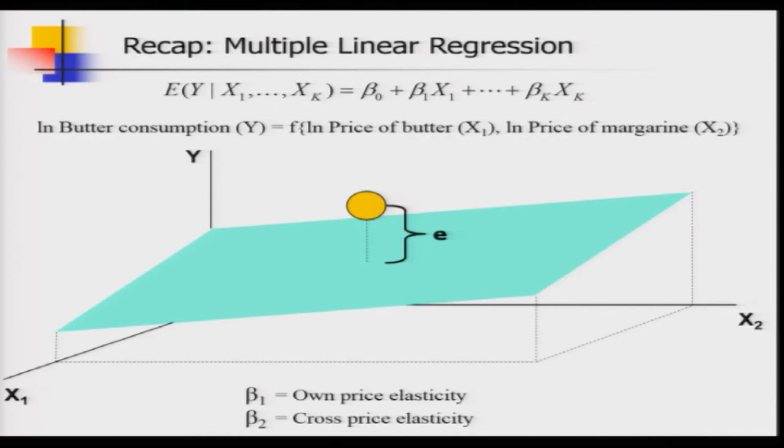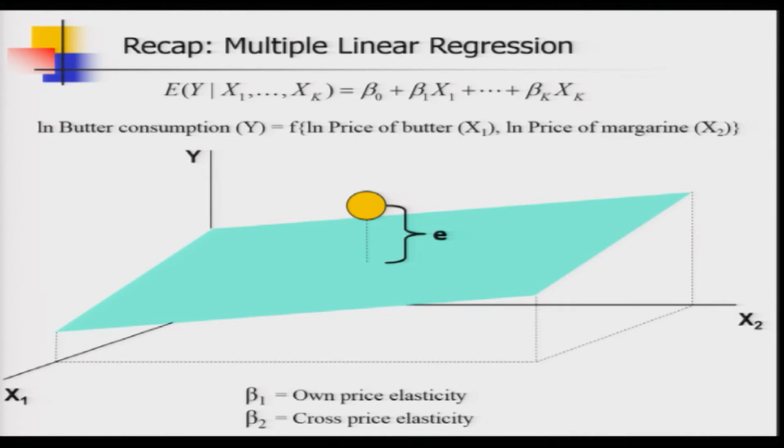Note that as we are dealing with more than one explanatory variable, we get a surface or a plane, which is drawn in this 3 dimensional diagram, where y is the vertical axis measuring the log of butter consumption, and I have 2 x axes, one for the log of price of butter and the other for the log of price of margarine. What I can infer from the diagram is the statistical dependence between these 3 variables.